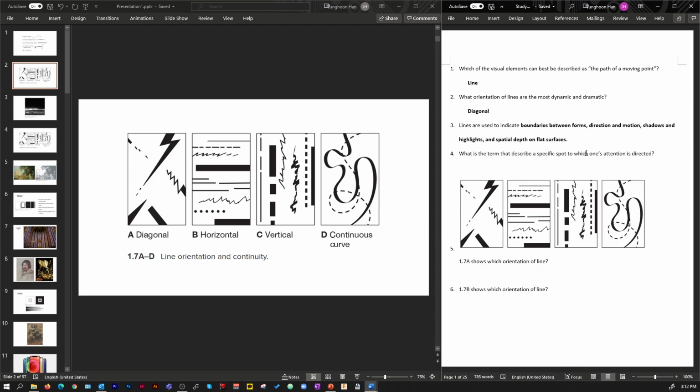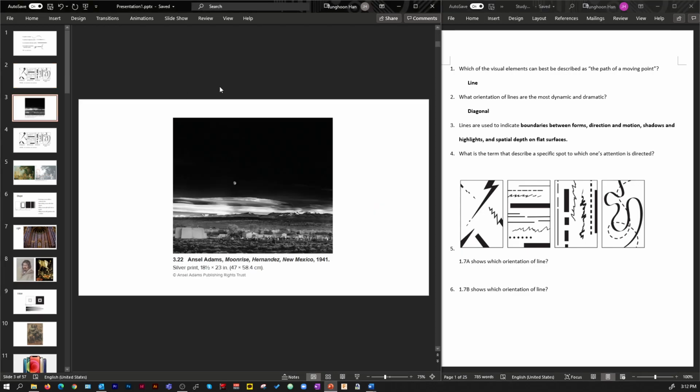And number 4, what is the term that describes a specific spot to which one's attention is directed? So this has to do with the point, and we talked about it. We use this term a lot throughout the entire semester. It is the focal point. So the focal point is where it grabs the viewer's attention right away.